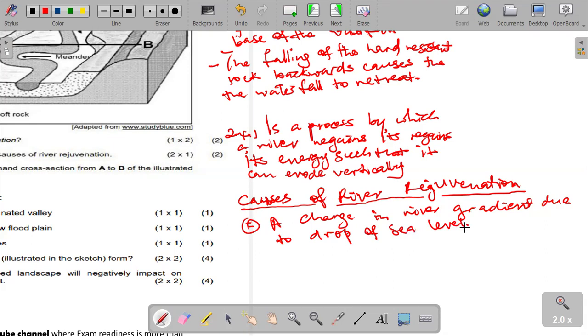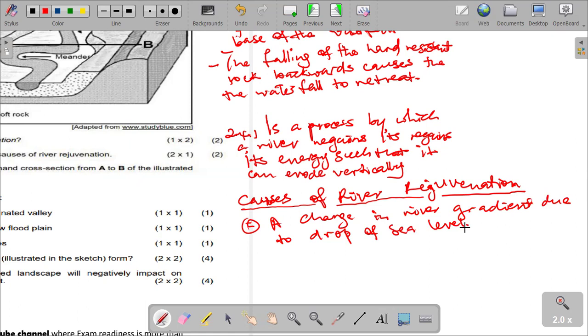So when the sea level drops, the streams entering the sea increase their flow because of the capacity created in the sea, which enables the rivers to drain strongly into the sea and increase their energy. So a drop in sea level can be a reason for a change in gradient of a river channel, which would increase the energy of the river. Hence, that is river rejuvenation.